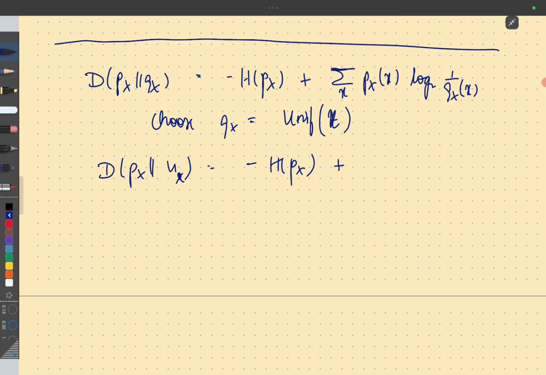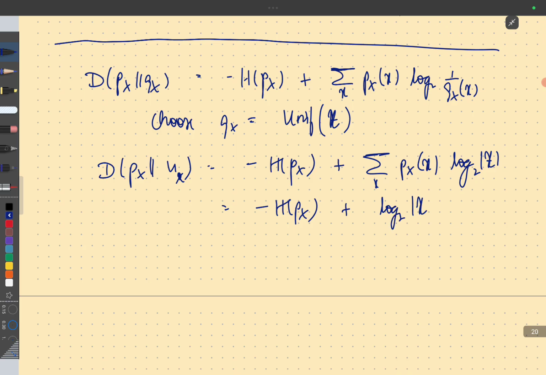Q(x) is 1 by the cardinality of X. So this is the summation over all x of P(x) log 1 by cardinality of X, which is nothing but log cardinality of X. I can take log cardinality of X outside the summation, and I simply get minus H(P) plus log cardinality of X. All right. What is the entropy of the uniform distribution?